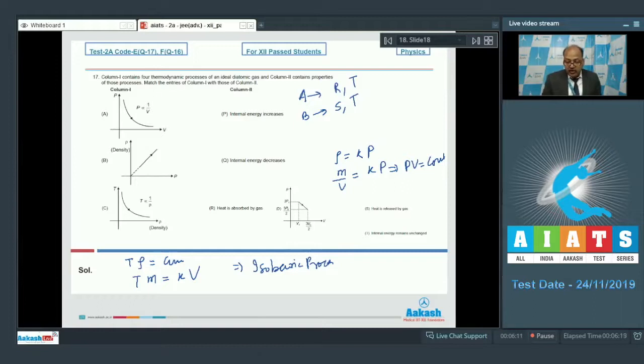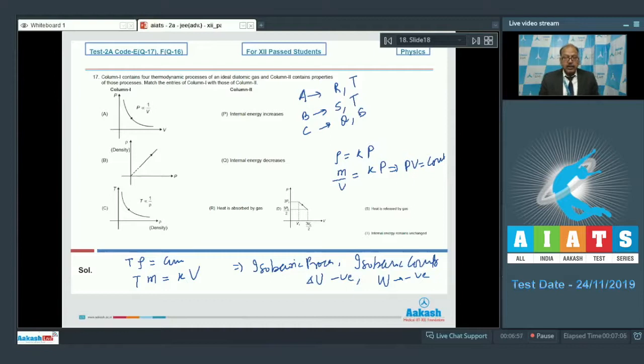So it's a case of isobaric compression, and in isobaric compression both delta U is negative and the work done is also negative. So if we look at entries in column 2, we can see that for C, internal energy decreases and heat is released by gas. So for C, Q and S will match.